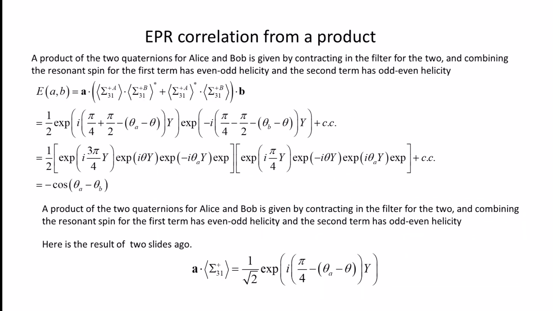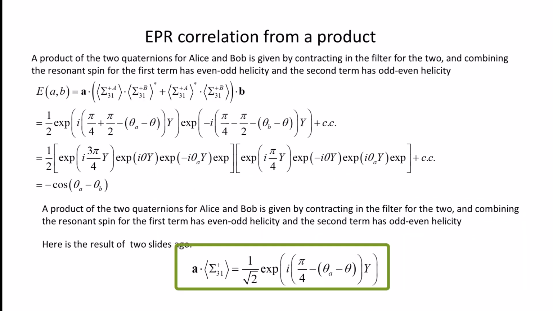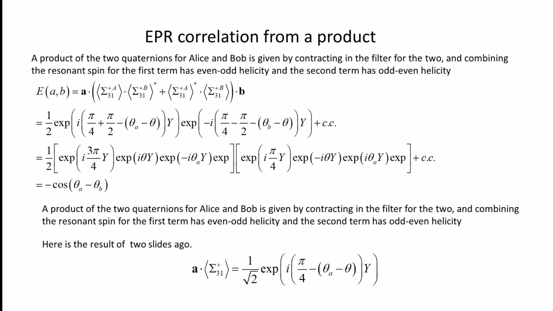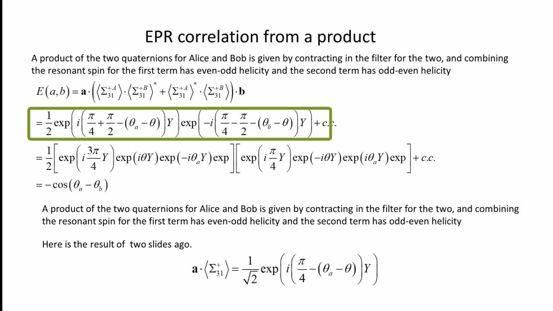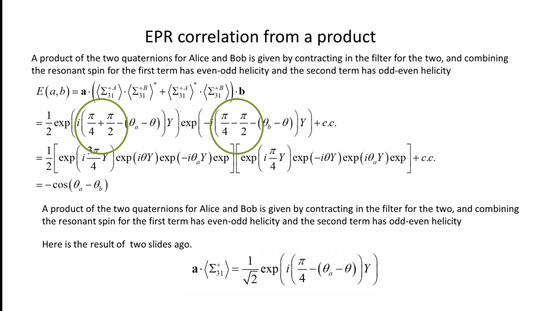Here is the earlier result, which is now used in the correlation expressions. Plug in the values which are written here. To calculate the correlations, note that Alice and Bob's orientation must differ by pi, as we just showed. Here we have the plus pi over 2 for Alice and the minus pi over 2 for Bob.